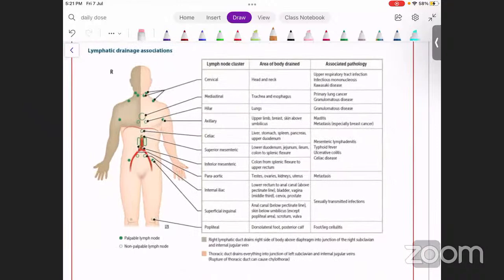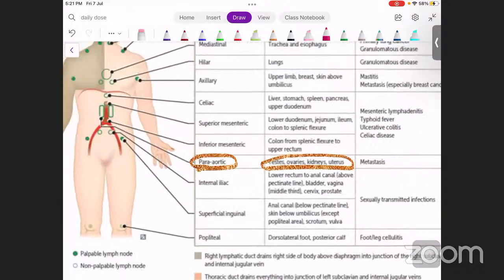Speaking about lymphatic drainage, the areas of lymphatic drainage are pretty important. The nodes drain different areas of the body. Very, very important is the para-aortic, which drains your testes, ovaries, kidneys, and uterus.